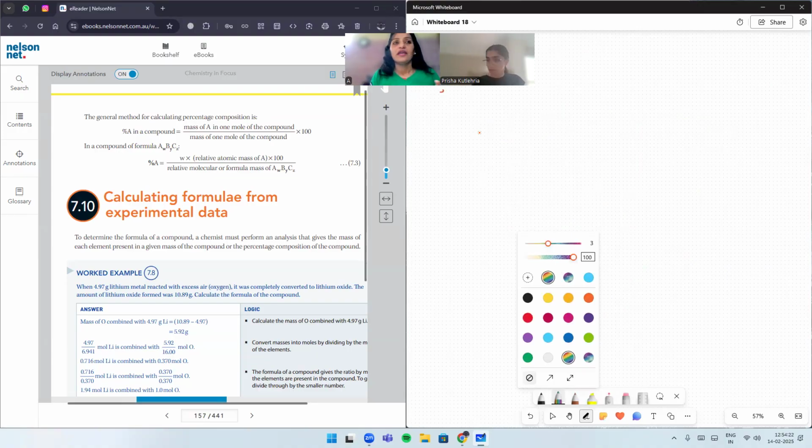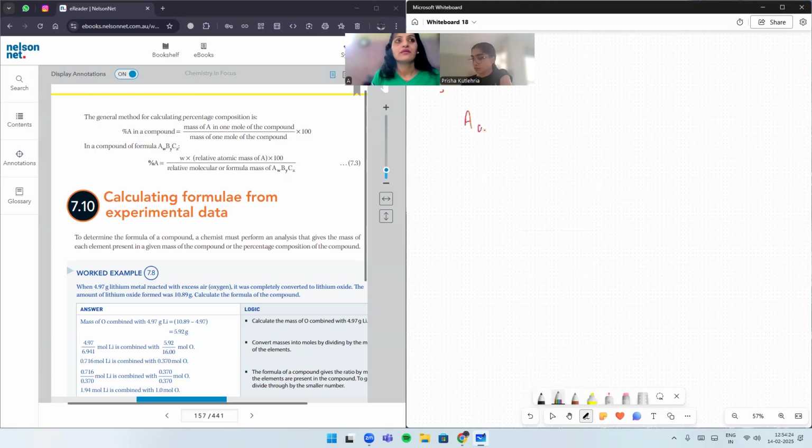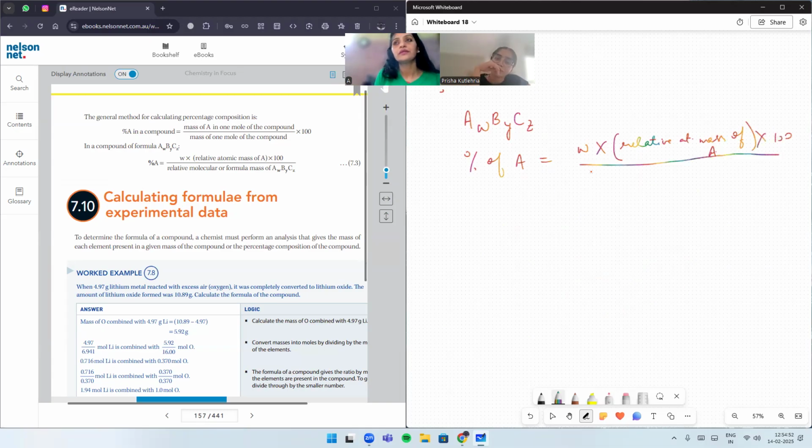Now see, if I have a compound named like this, that means there are three elements in the compound and they have various coefficients, the number of atoms, right? So percentage of A will be calculated as W into the relative atomic mass of A, into 100, over the molecular mass.